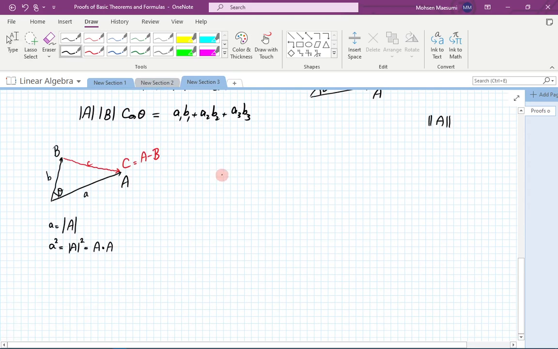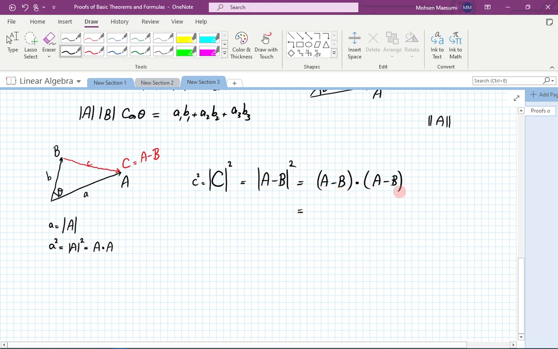We are going to take the vector c, and if you take the length of it and square it, of course that is your little c squared. Well, what is c itself? C is a minus b. Well, what is the square of a length? That's dotting something with itself. So a minus b dotted with a minus b. That's the idea we had last time.